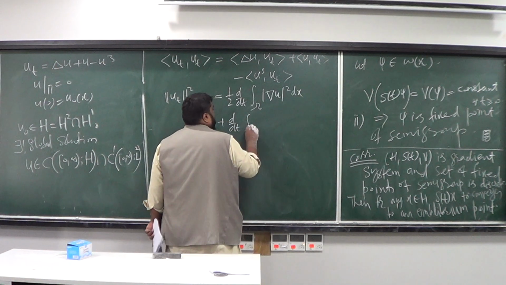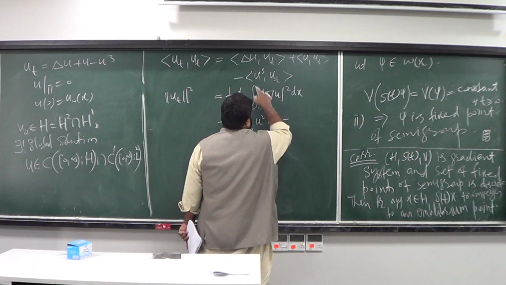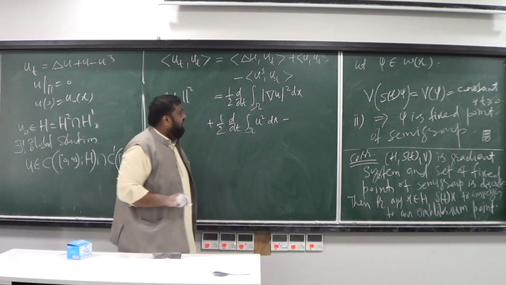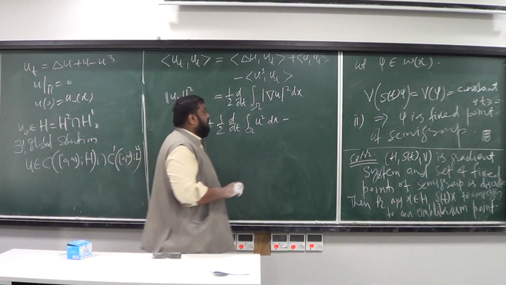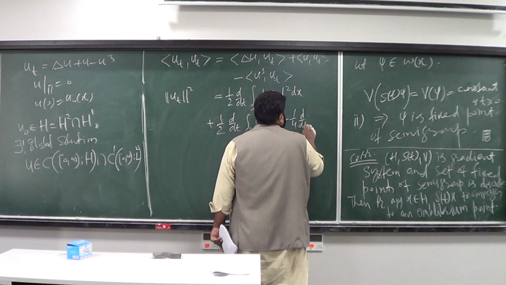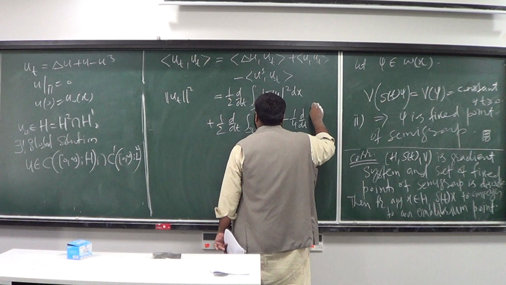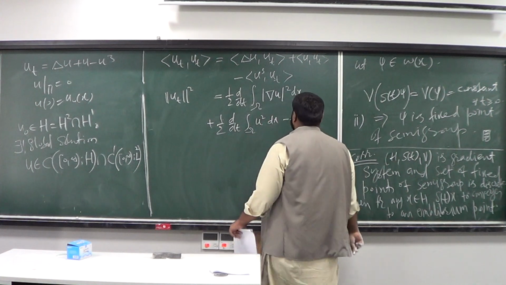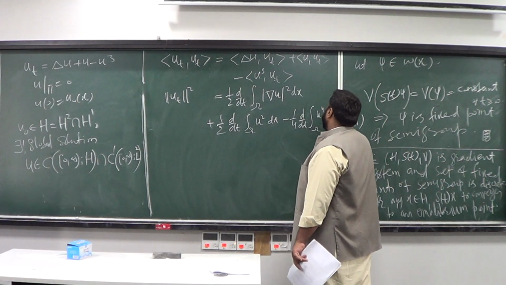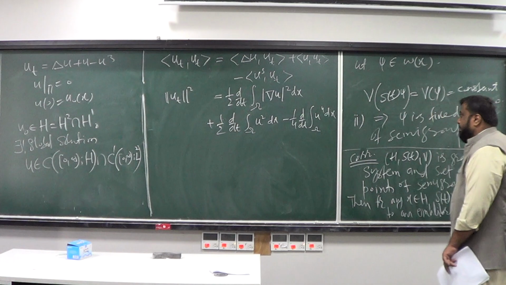So it's going to be omega u square dx, and the last term, okay, so you need to put a penalty 1/2, and the last term will become 1/4 of d by dt of the integral of u power 4 dx. Okay, so this is what is going to be final.